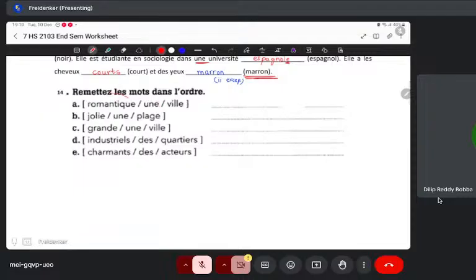So this is like a qualifying adjective, right? It's just trying to describe the city. So une ville romantique. So a romantic city.